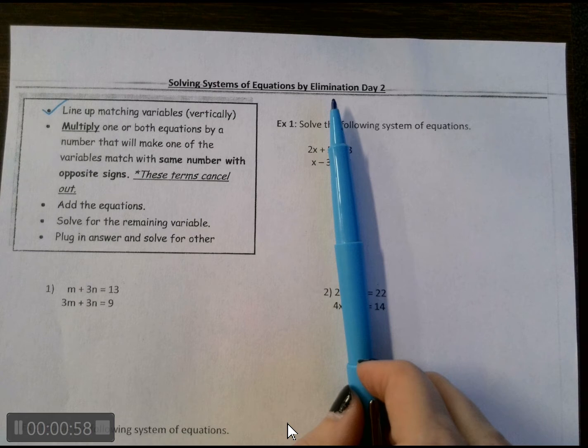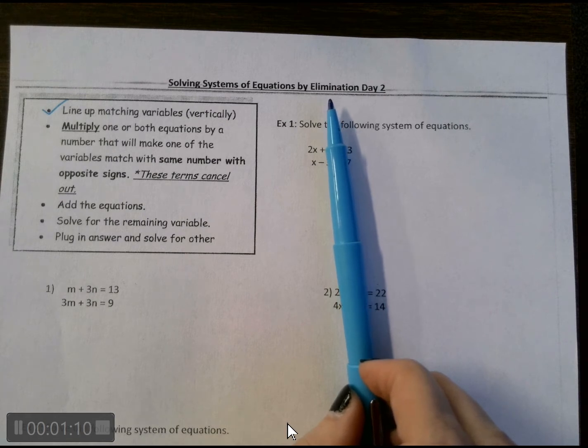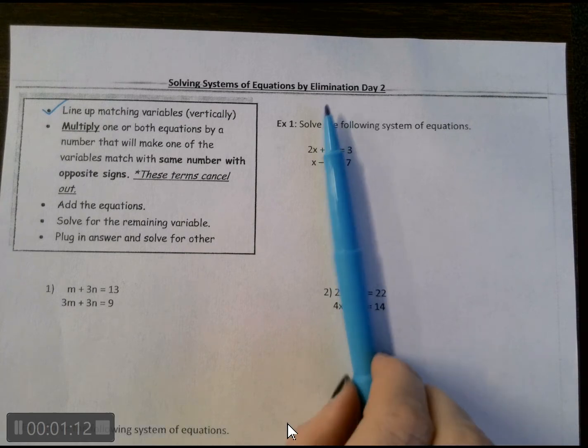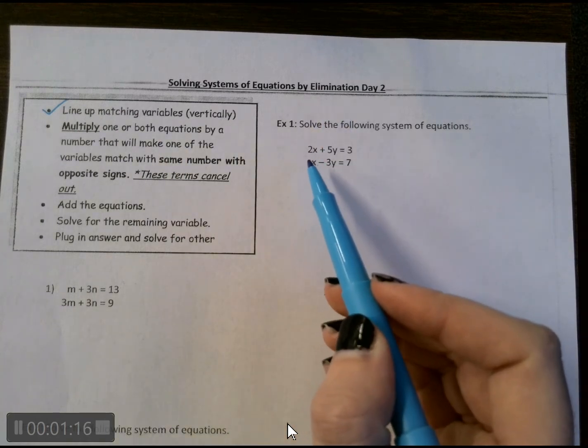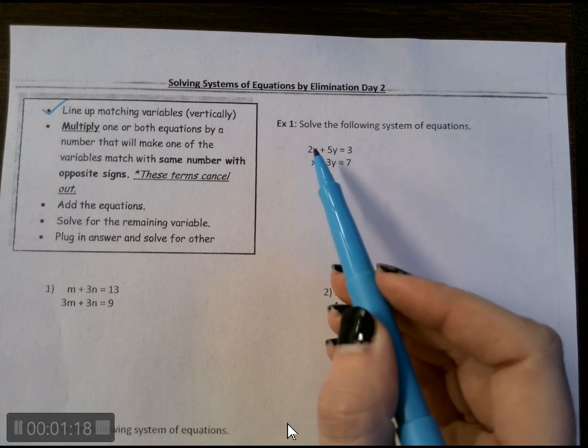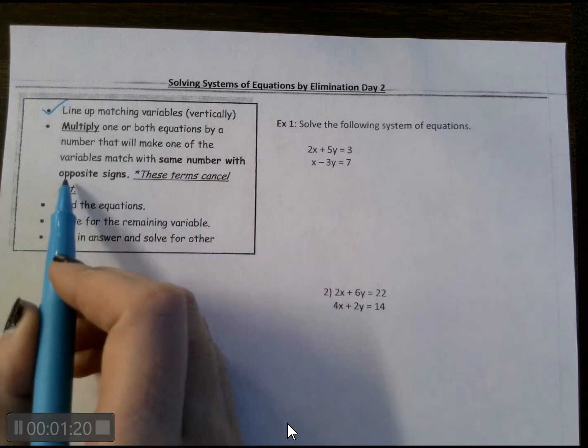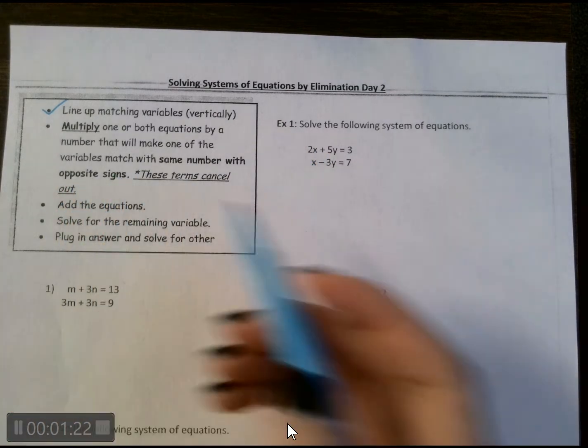So, is there something that I can multiply by 2 to get 1? No. Okay, can I multiply 1 times something to get 2? Yes, I can. So I can multiply this x by 2 and it will give me 2x. But remember, they have to have opposite signs.